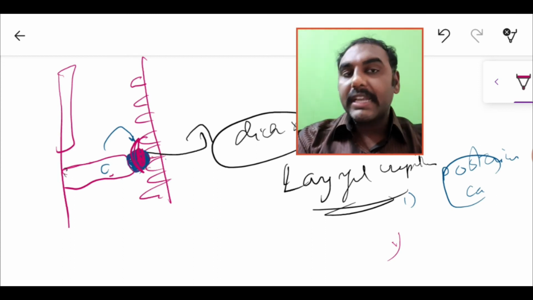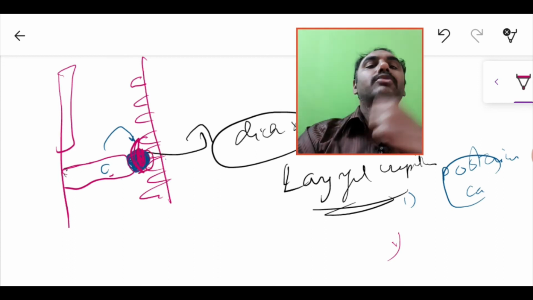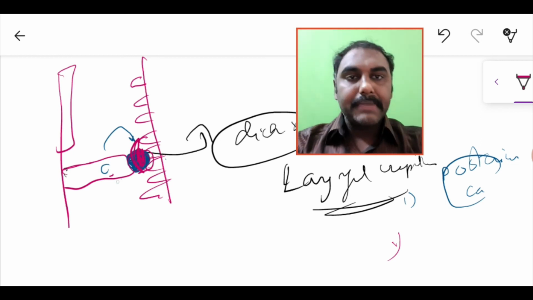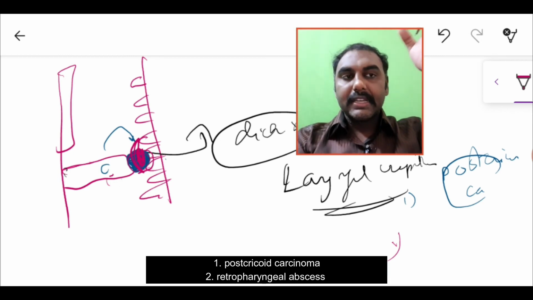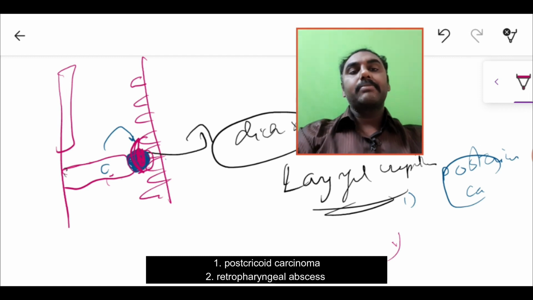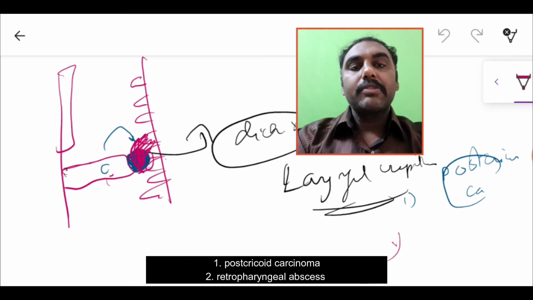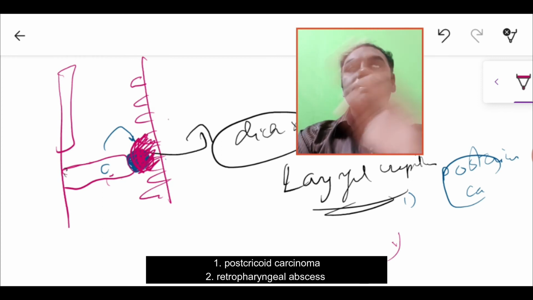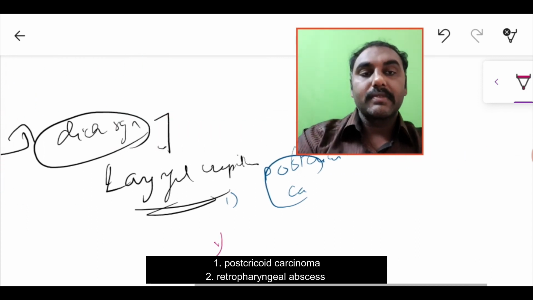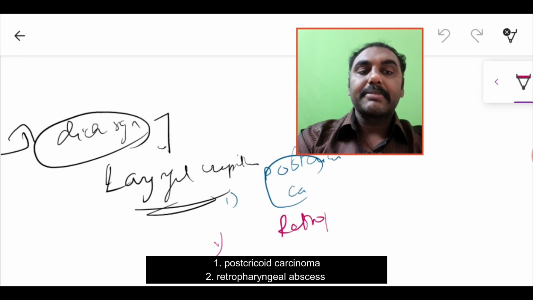What are the conditions which can occur there? Either it could be a post-cricoid malignancy, that is behind the cricoid, or there could be an infection in this retropharyngeal segment, a retropharyngeal abscess.